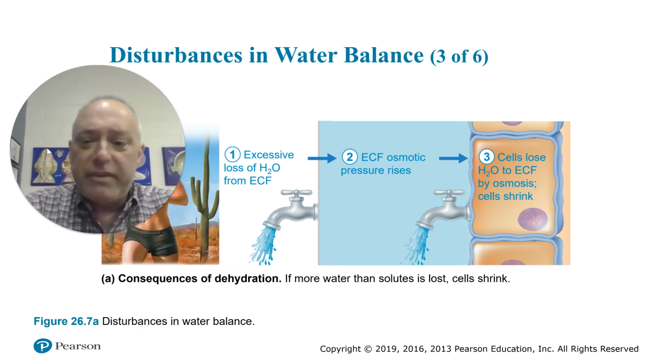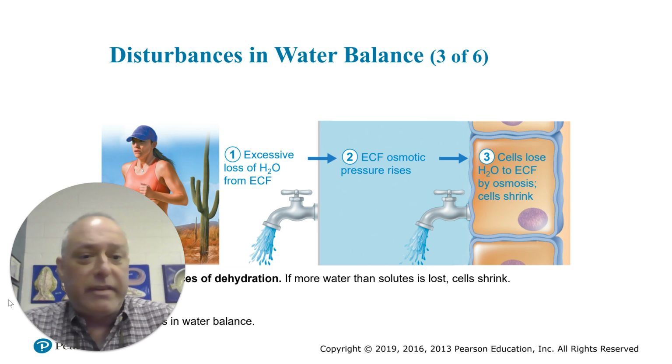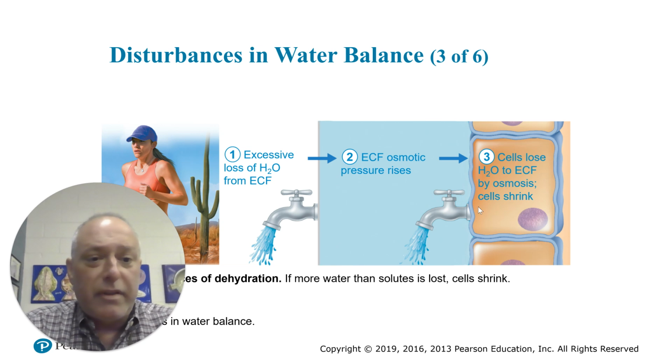So there are disturbances in water balance, like dehydration, so excessive water loss from the extracellular compartment. The end result is the cells will lose their water and they will shrink, and this all occurs via osmosis.